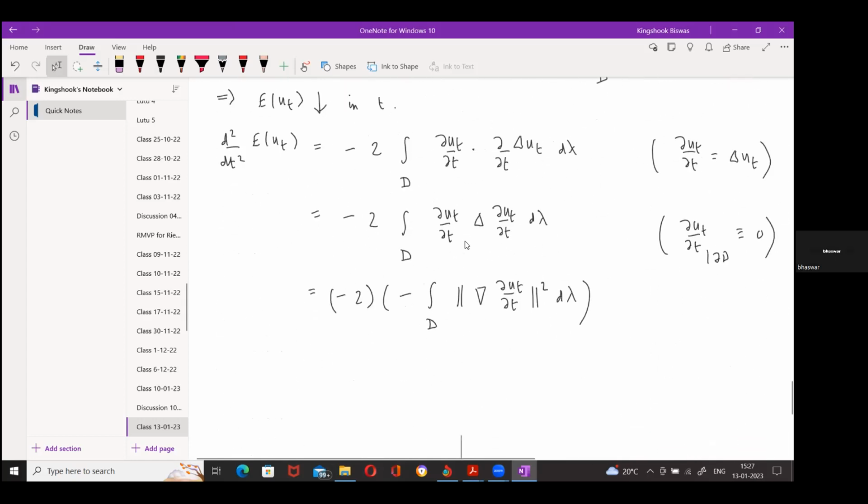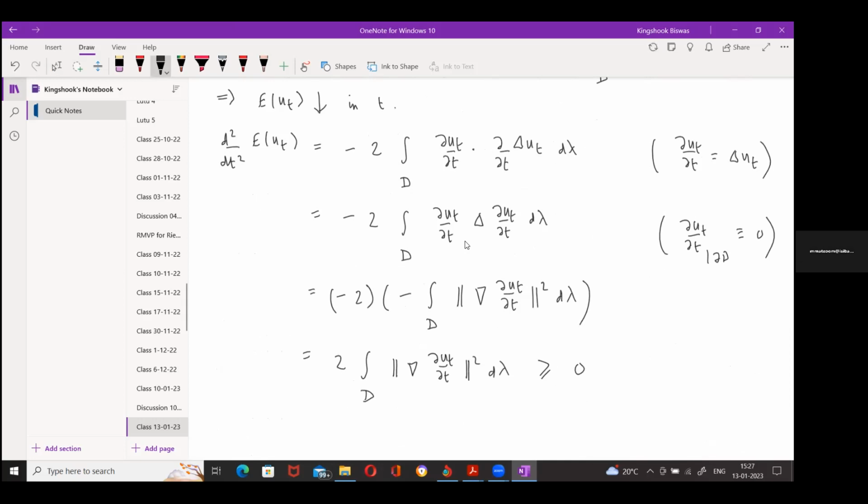Okay, so I get a minus and a minus. So this is equal to 2 times the integral over D of the norm of grad del u_t del t, whole squared, d lambda. So this is greater than or equal to 0.